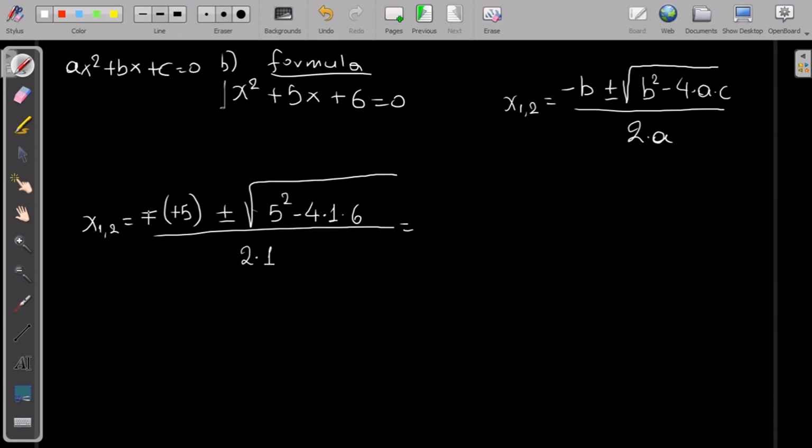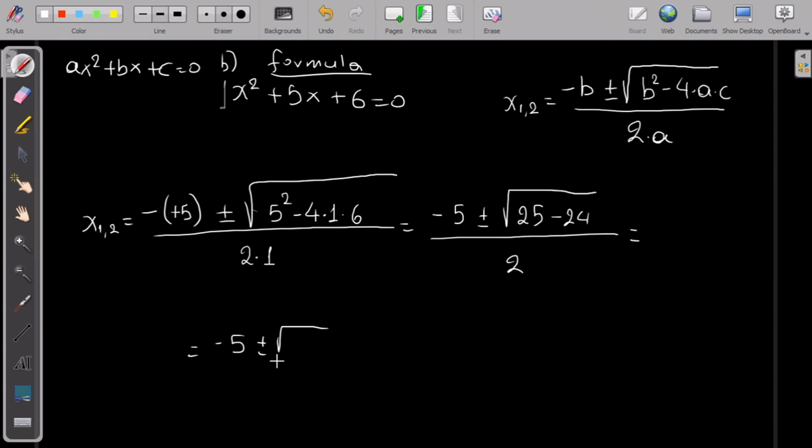Let's see it. Minus 5, plus or minus the square root of 25 minus 4 times 1 times 6, which is 24, over 2, which equals minus 5 plus or minus the square root of 1 over 2, which means minus 5 plus or minus 1, since the square root of 1 is 1, over 2.